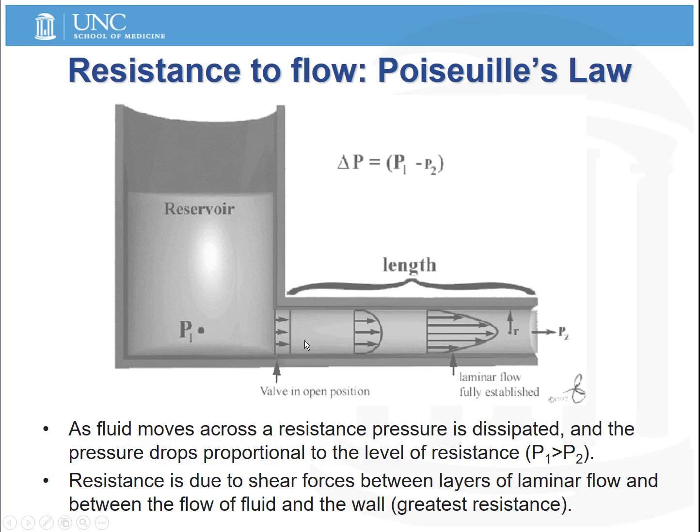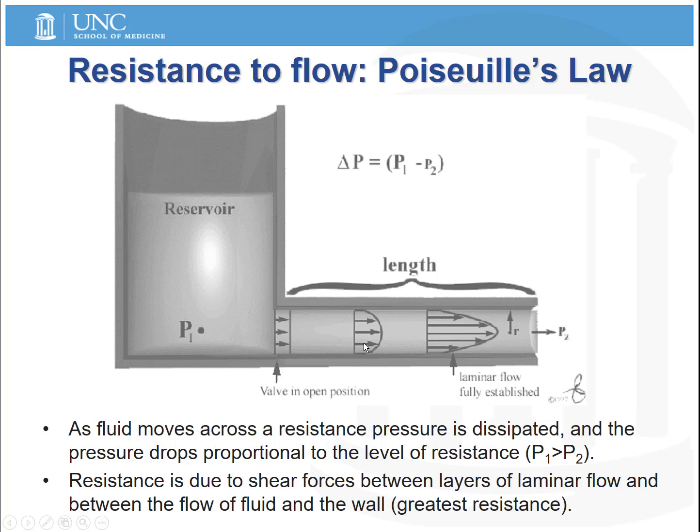And the resistance is the result of friction caused by the interaction between these adjacent layers of fluid in laminar flow. So the movement of fluid is driven by a given pressure, this P1, across the length of this tube here, which offers some resistance.